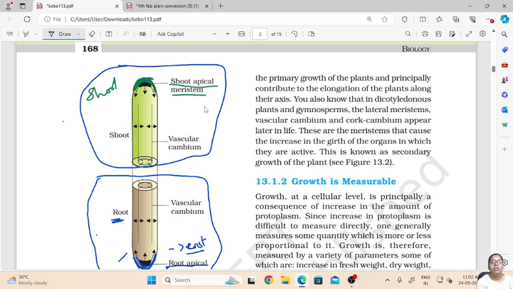Over here it will continuously divide and redivide, and then it will help in forming the shoot system. So this is how growth in plants takes place, through the shoot apical meristem and through the root apical meristem. So basically in a plant the root system and the shoot system have to be formed, and this is formed due to the shoot apical meristem and the root apical meristem.